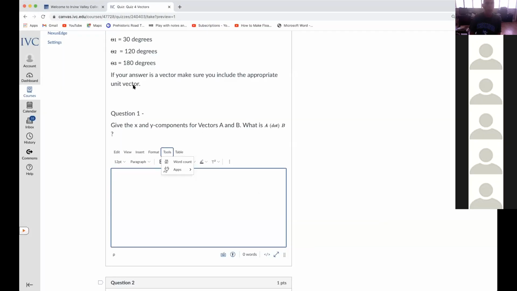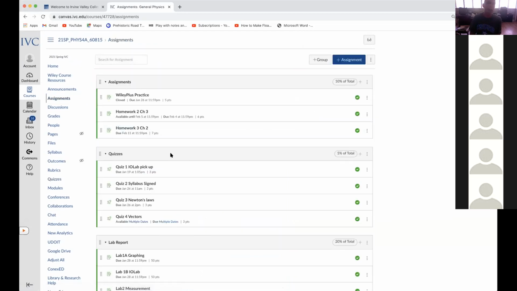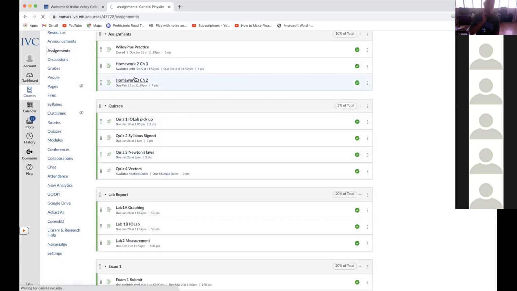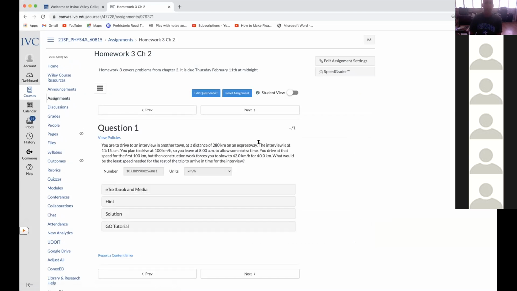So I'm going to go to our Canvas page, and here's our homework 3 that's due a week from Thursday. The problems that I've selected for you to do. So here's a problem where you have to drive.